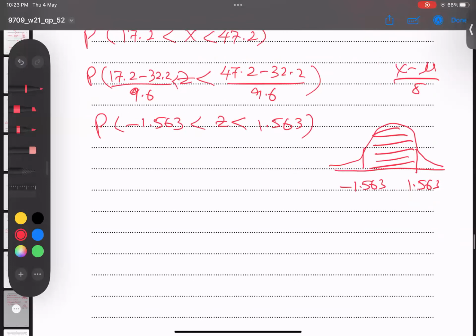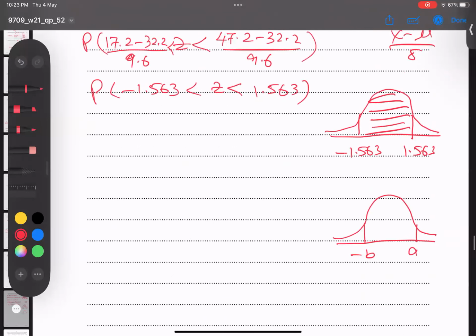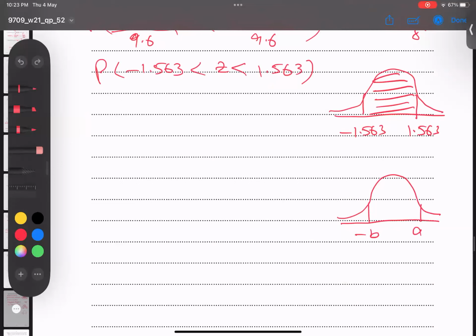Students, I can do it the long way, but I'll tell you a short formula. This is A and this is negative B. Whenever we're looking for the area between one positive and one negative value, the formula is phi of the positive value plus phi of the negative value, without the minus sign, and then minus 1.